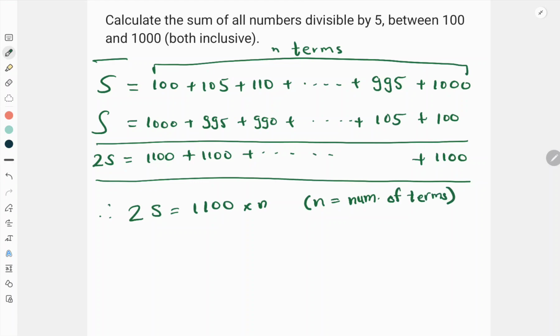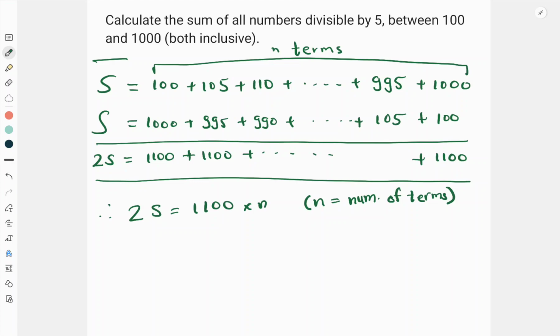Finding n should not be difficult, because each 100 has 20 numbers divisible by 5. From 100 to 200, 200 to 300, 300 to 400, there are 9 such hundreds between 100 and 1000. We have to be a little careful about the limits, but as a first approximation, there are going to be 20 terms in each of them.